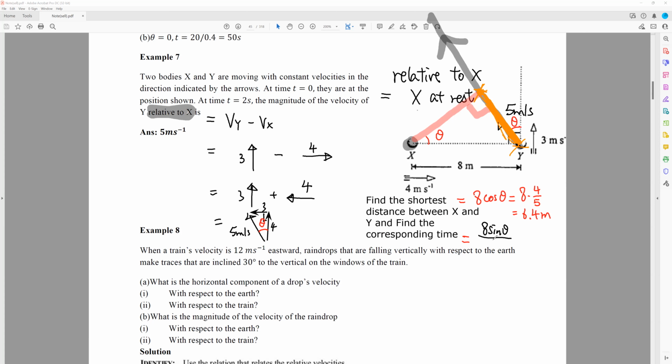The velocity is 5. So sine theta, looking from the diagram, is 3/5. Okay. Then it's around 1 second, is it? It's around 1 second. 24 divided by 25. Then that's the answer. So any questions?